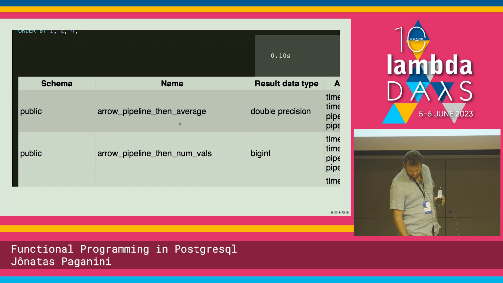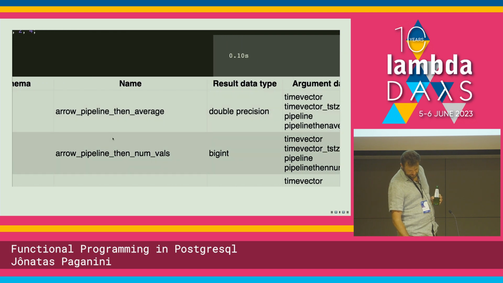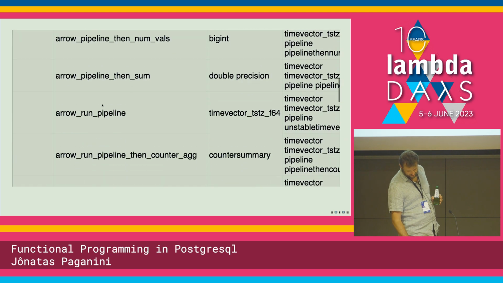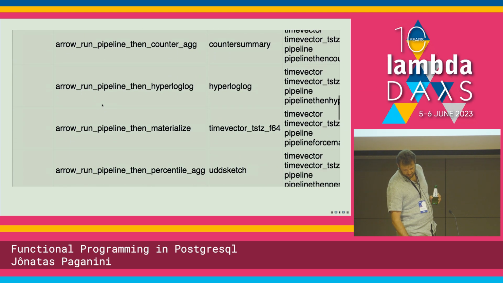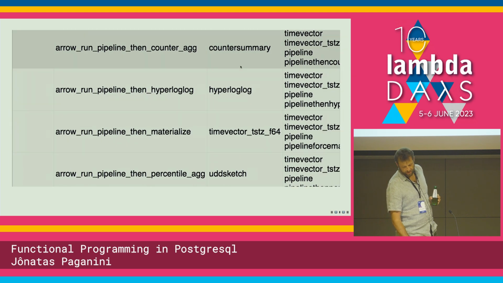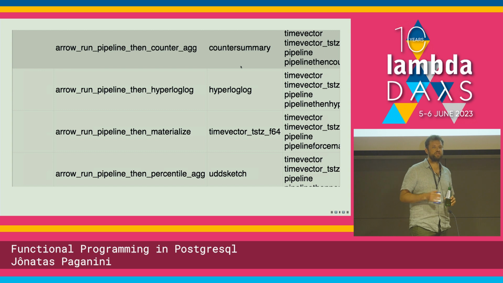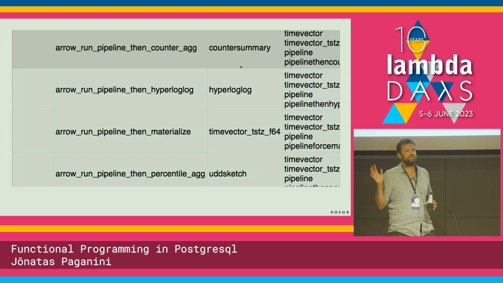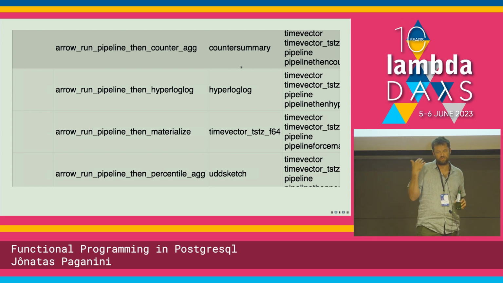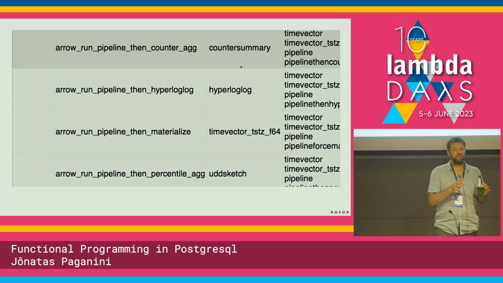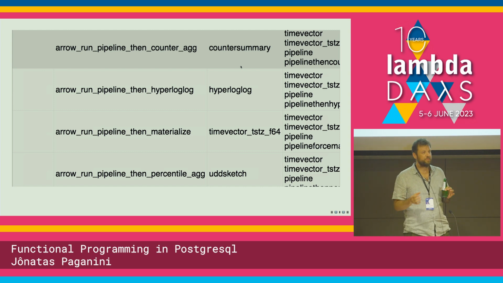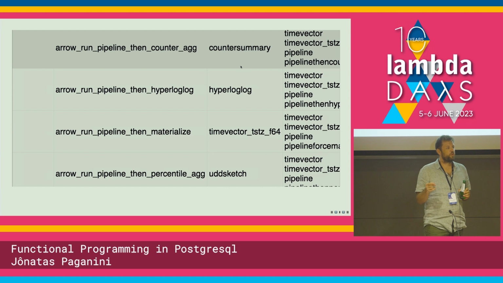So I have all these type of functions like a row pipeline, then some row pipeline. So you have a hyperloglog, counter summary, UDDSketch, and we have like 150 different mathematical functions. And what we did was just embed it in this type of pipeline summary and custom types to allow you to also write in this pipeline style.